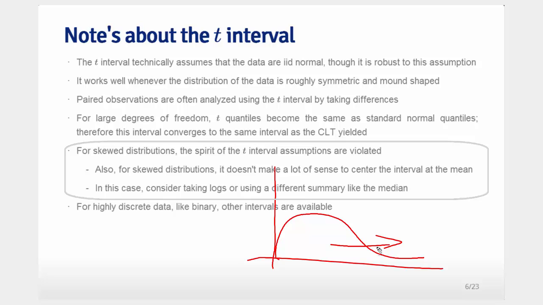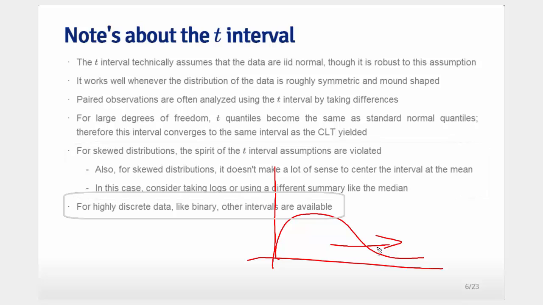Nonetheless, it simply doesn't make sense to use the t-interval for skewed distributions because in a lot of ways it doesn't make sense to center intervals for skewed distributions at the mean. Also, I would add for highly discrete data like binary or Poisson data, other intervals are available and it's probably preferable to use them to the t-interval.